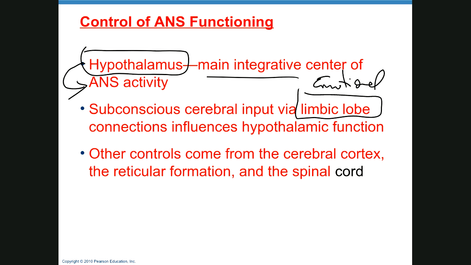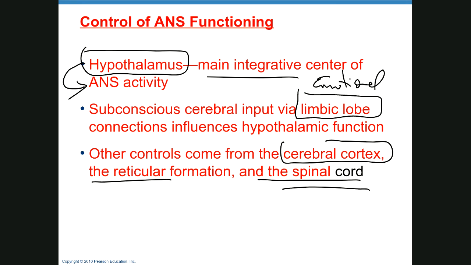The cerebral cortex and the reticular formation, and to some extent the spinal cord, also have some control over the ANS, especially when it comes to reflexes like digestion or elimination. The spinal cord will be involved in that.